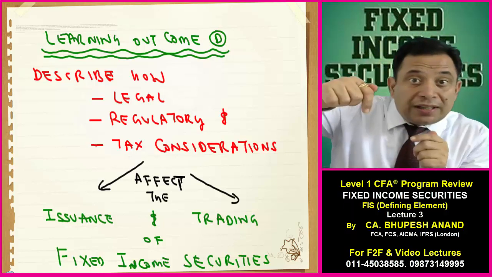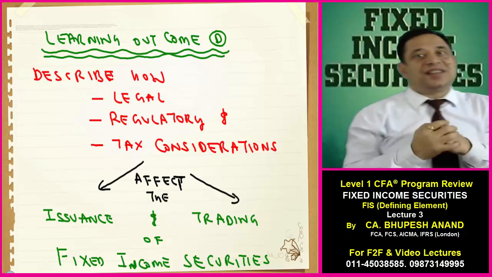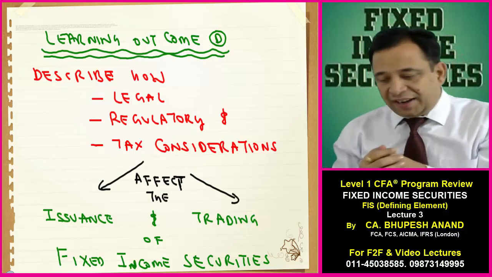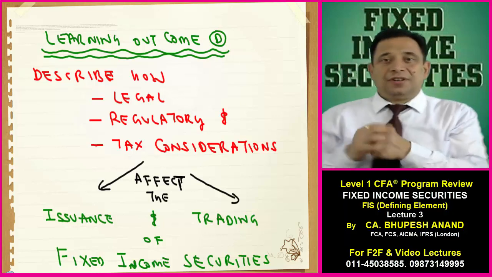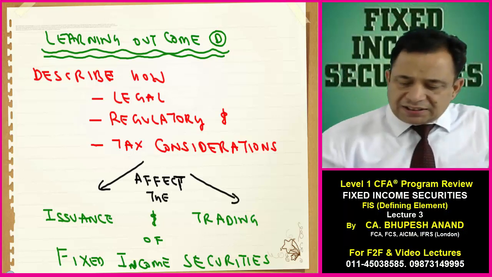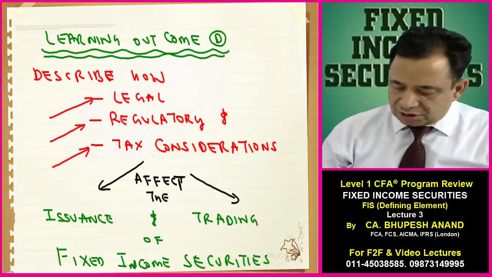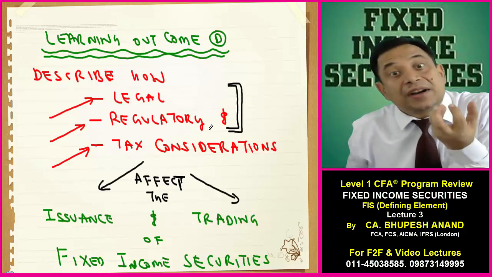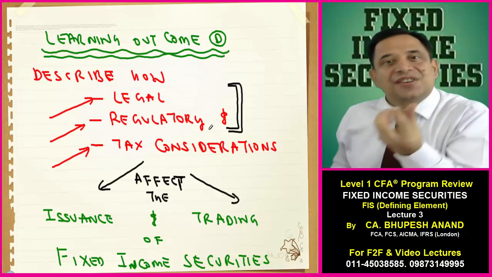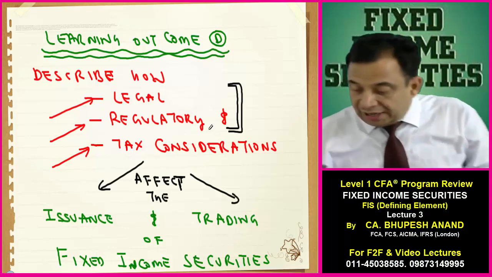So today I will be putting the emphasis on the legal and regulatory framework considerations which can affect the issue and the trading of fixed income. There are 3 parts in this learning outcome. First is legal, then regulatory, and third is tax considerations. In today's lecture, I will be focusing on legal and regulatory considerations, and how they can affect the issuance and trading of fixed income securities.